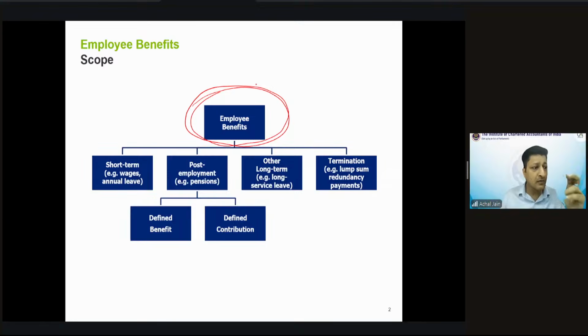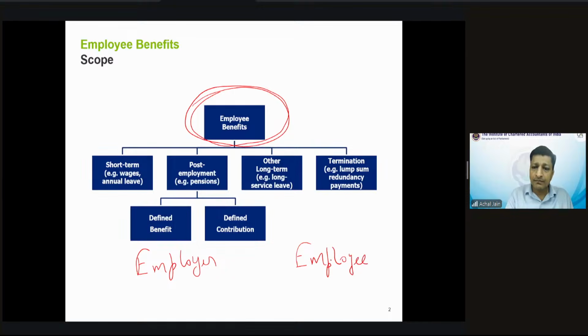So now we'll try to understand this term employee benefits in further detail. See, any benefit to begin with, which is provided by the employer to the employee. Now we are talking about two parties: the employer and the employee.